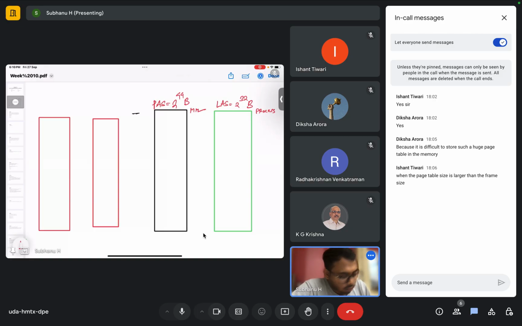The physical address space is of 2 to the power 44 bytes, and the logical address space is of 2 to the power 32 bytes. So I have page table 1 and page table 2. This is the structure. We always have some frames, or pages, whatever you call it.